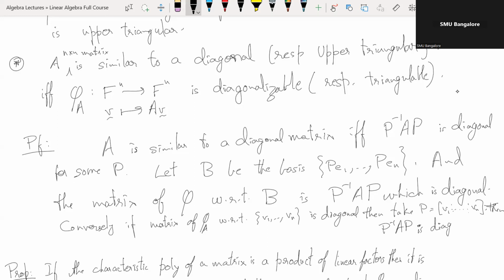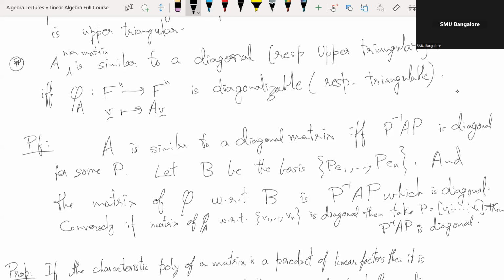So this proves both directions: phi_A is diagonalizable if and only if A is similar to a diagonal matrix. Similarly, you replace diagonal by triangulable or upper triangular, and you get the result for upper triangular.